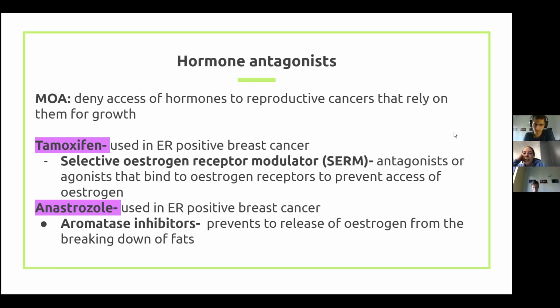Essentially how this works is if you imagine the growth of the cancer cell is promoted by ligands of the hormones, then if we stop the hormone from acting on that receptor, the downstream processes of cell growth can't occur. So we have tamoxifen, which binds to the estrogen receptor and prevents access of the estrogen, so it stops those downstream things. And we also have anastrozole, which stops the breakdown of estrogen from fat.